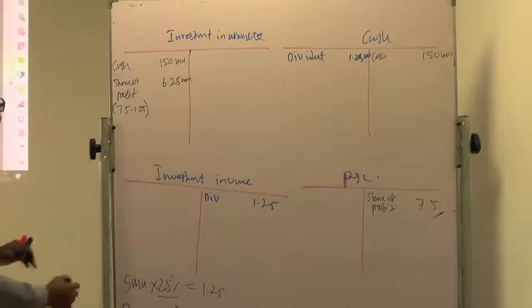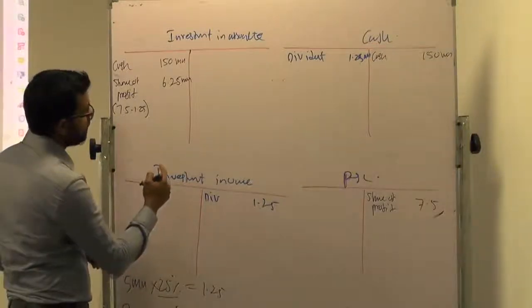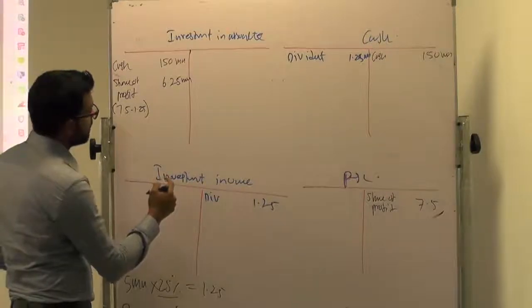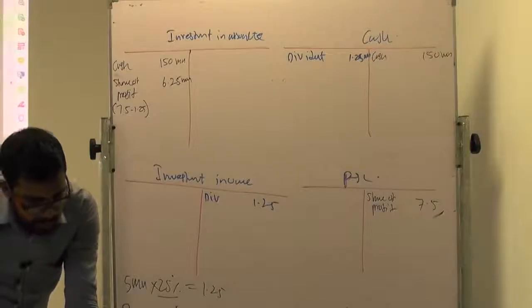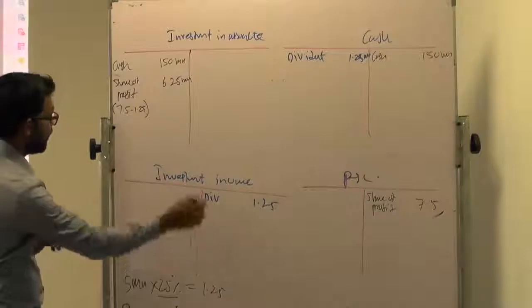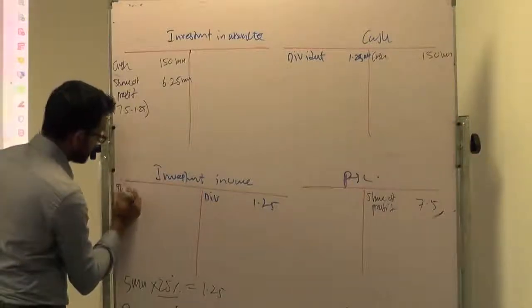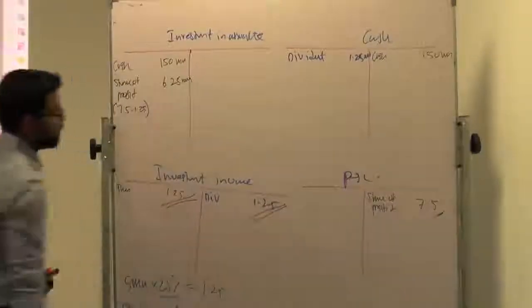So debit investment 6.25, credit share of profit 7.5, and debit investment income 1.25, so the investment income will be cleared.